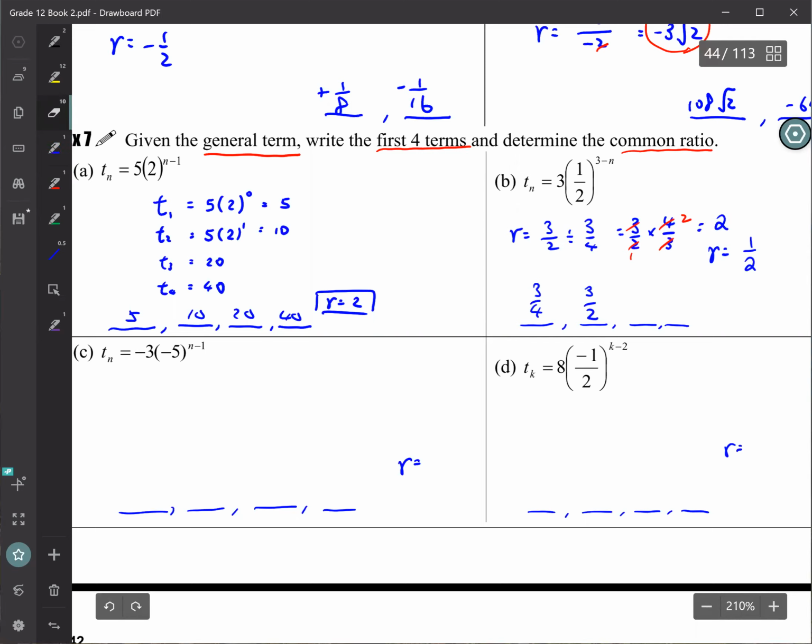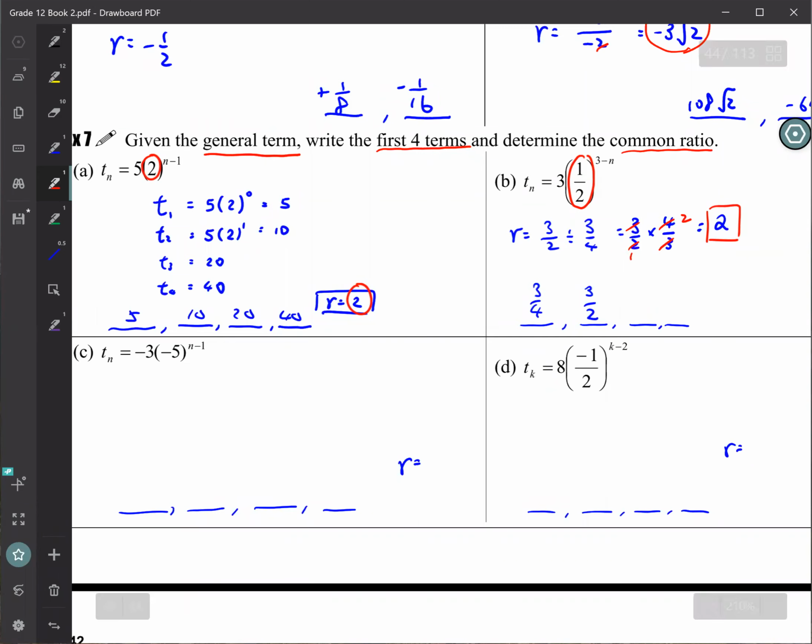So the fraction is deceiving, right? If you see a 1/2 in the general term, it doesn't mean the ratio will be 1/2, even though it works like that for question A. You saw a 2 in the general term, so it feels like, oh, the ratio will be 2, but it's not always the case, okay? So it's better to list out a couple of terms first and then use them to find the ratio. Okay, if you finish the last 2 terms, Cindy, you can let me know.